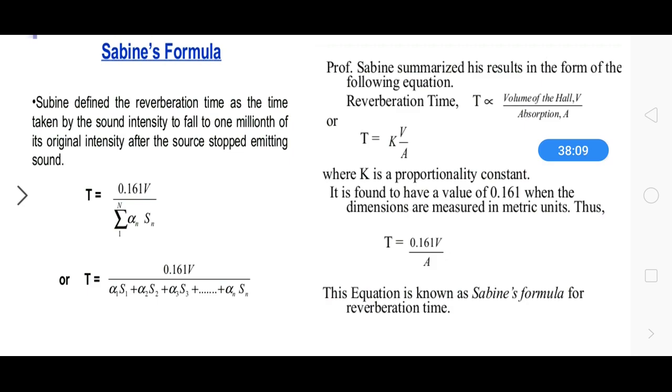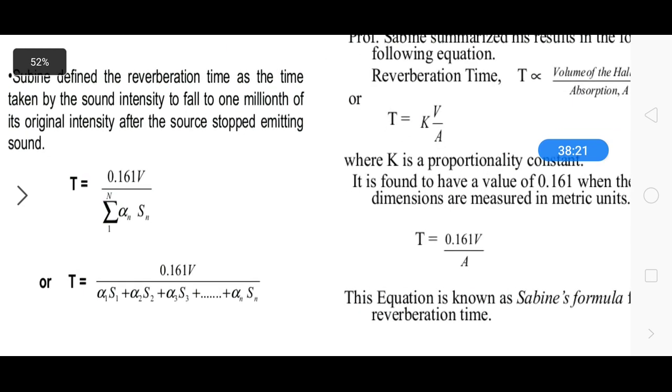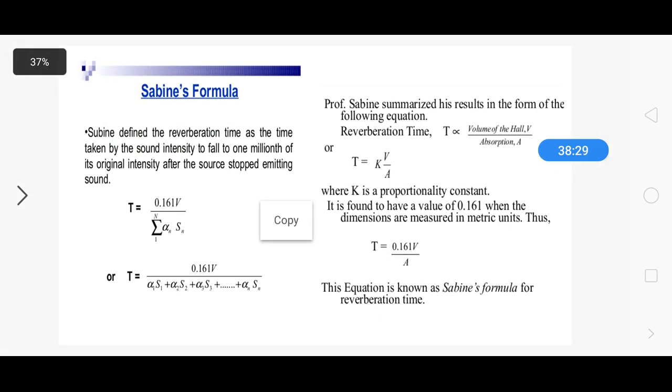So A is equal to alpha 1 S1 plus alpha 2 S2 plus alpha 3 S3 and so on, alpha n Sn, is the total absorption, V is the volume of the hall, T is the time of reverberation. So finally T is equal to 0.16 V by A.